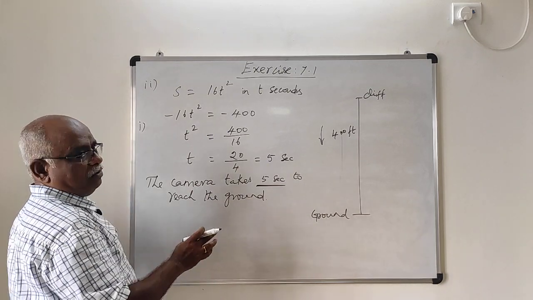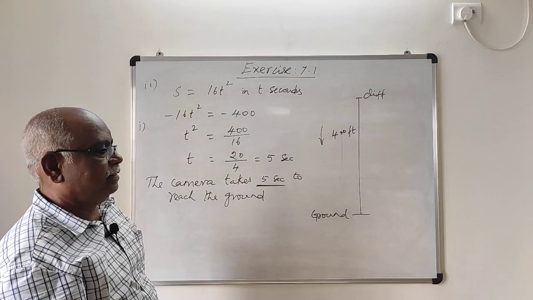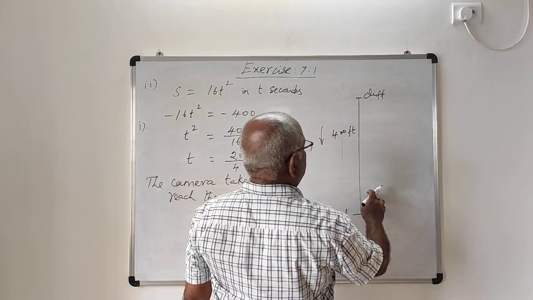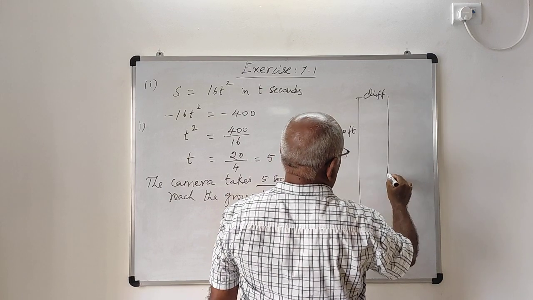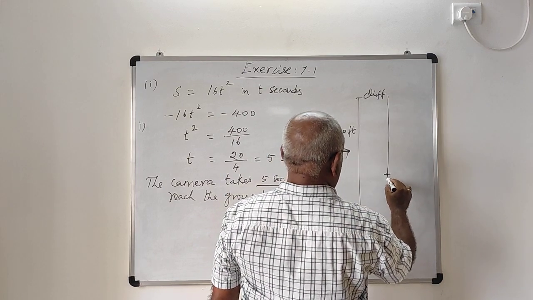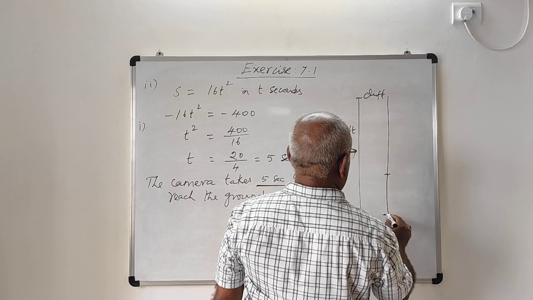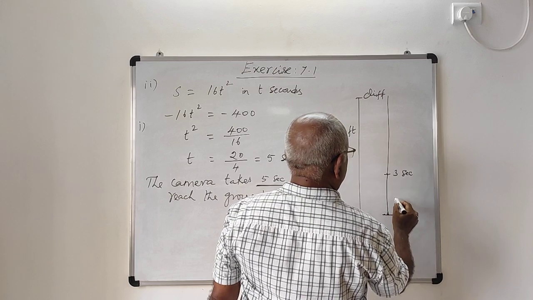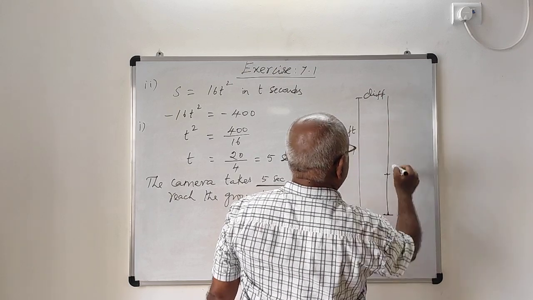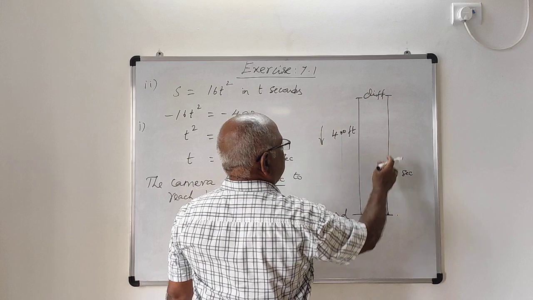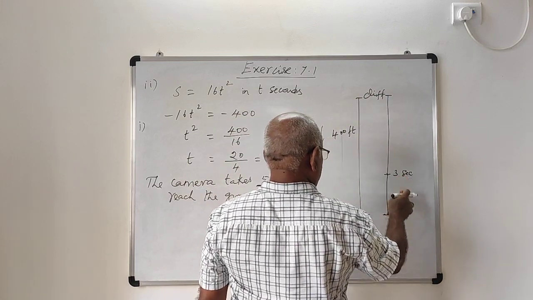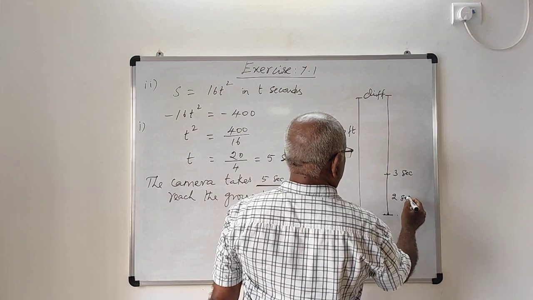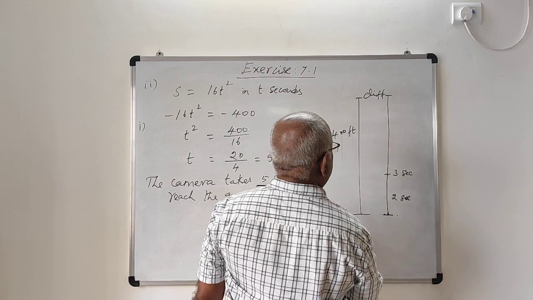The total time taken is 5 seconds. Last 2 seconds means we take 3 seconds first, and the last 2 seconds remain. Totally 5 seconds. They are asking for the average velocity for the last 2 seconds before reaching the ground.